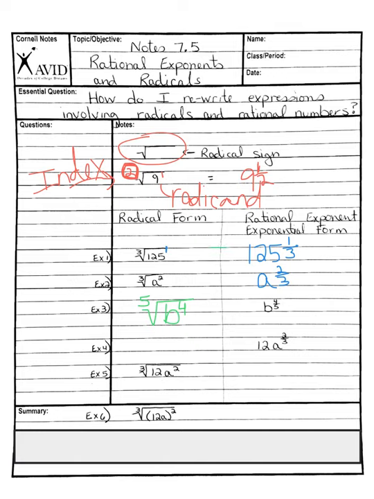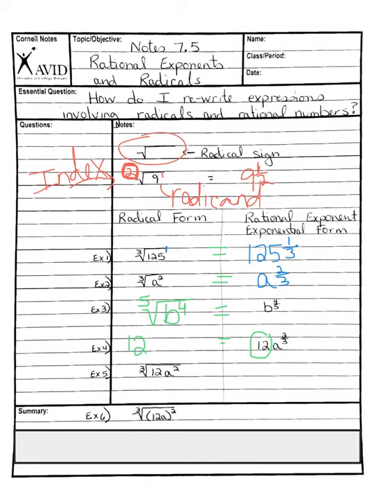Put equals between all these actually, because they're all equal in value. Example 4. We got to be careful with example 4, because the 12 is just a whole number. That 12 is just going to be in front. It's just a whole number. It doesn't have a rational exponent, meaning it doesn't have a fractional exponent.